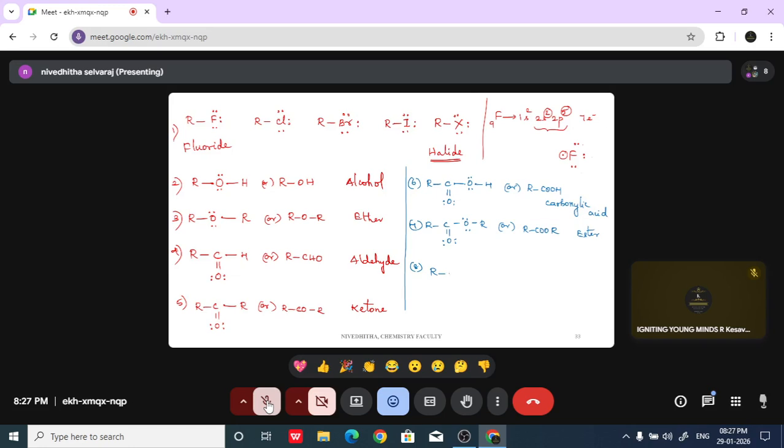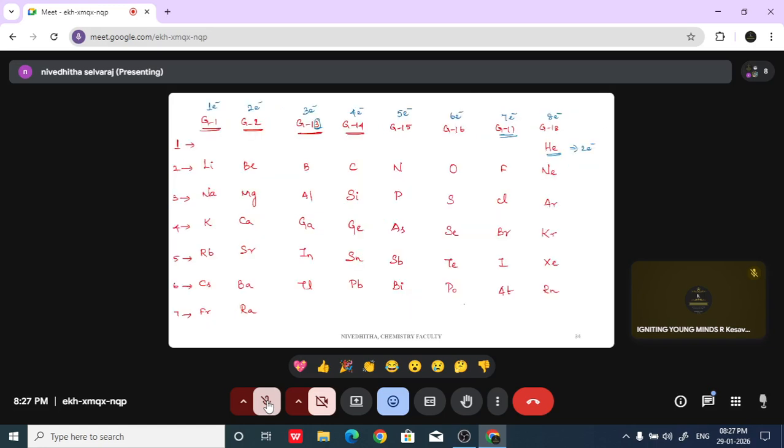Kanna, could you please tell me the number of lone pairs and bond pairs for nitrogen? Nitrogen is in the 15th group. So how many valence electrons does this nitrogen have? Since nitrogen is in the 15th group, nitrogen has 5 valence electrons.